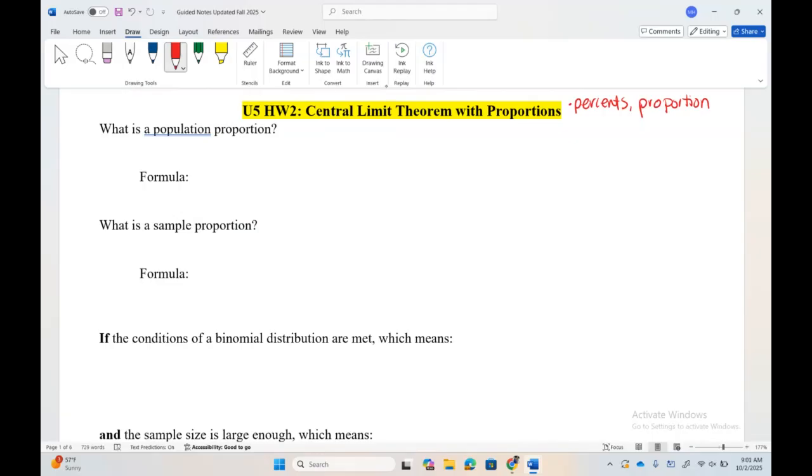Okay. All right, so a population proportion is basically a characteristic of a population.